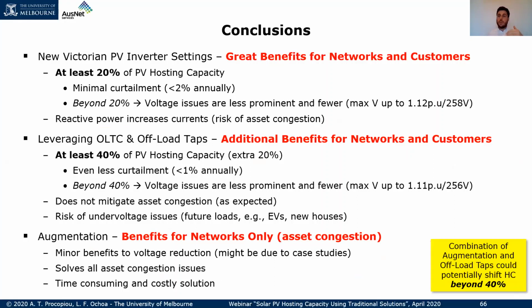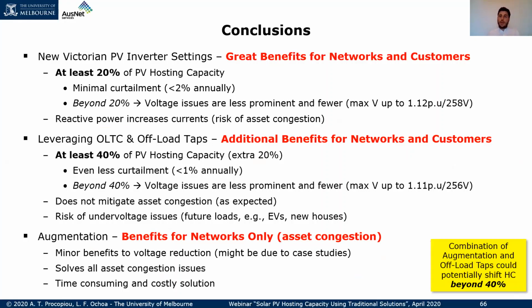And we are also further reducing the curtailment that was required to manage the voltage issues. This accounts for just 1% throughout the whole year. Beyond that 40%, again, the voltages are kept at low levels, and also the number of non-compliant customers is reduced significantly.